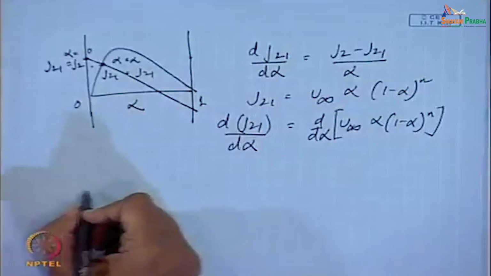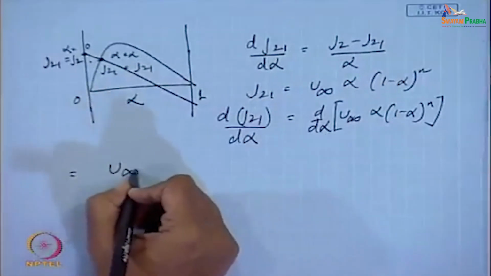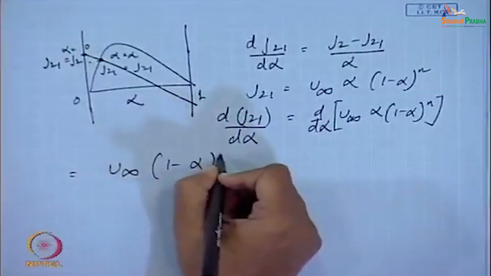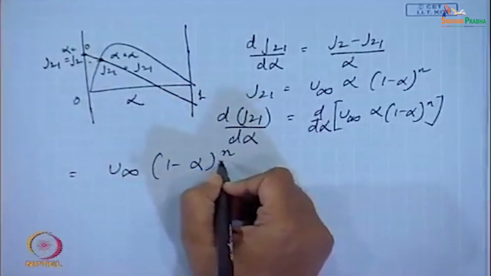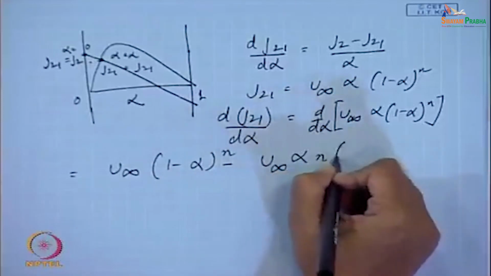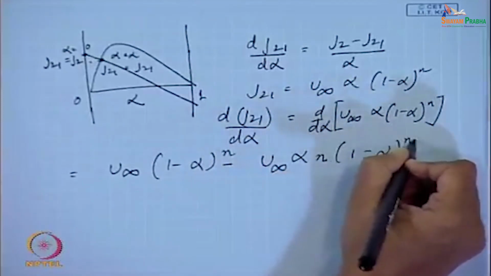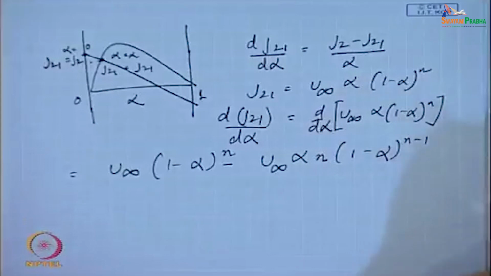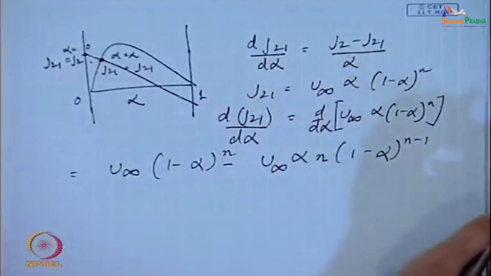From this particular differentiation we get u infinity into (1 minus alpha) to the power n minus u infinity alpha n into (1 minus alpha) to the power n minus 1. Just simply I have differentiated this part. Okay.